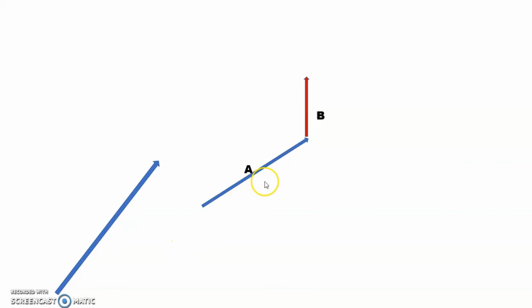So to add vector A and vector B, we will need a resultant vector. Since here is the tail of vector A and here is the head of vector B, the resultant vector will join the tail and the head together. So this is what we are going to have.